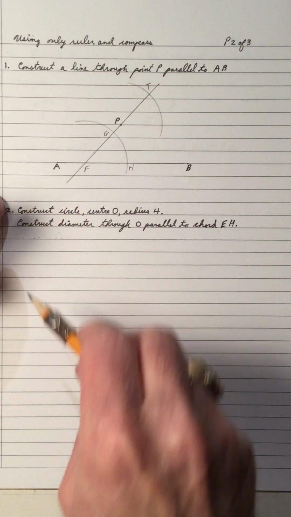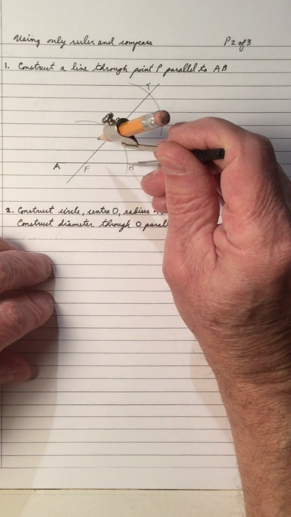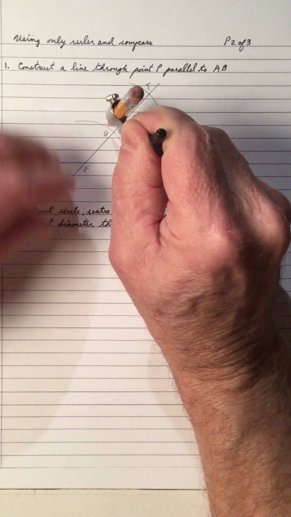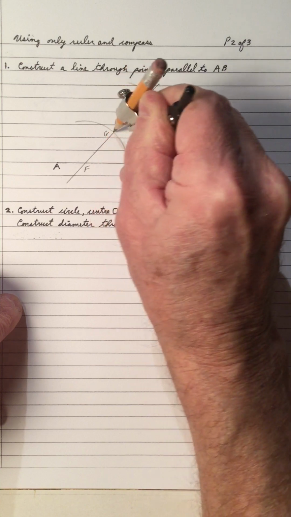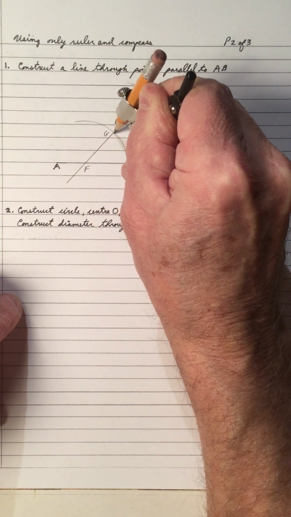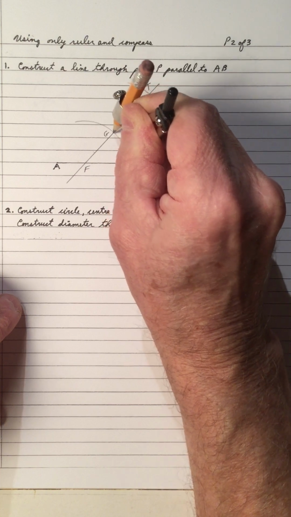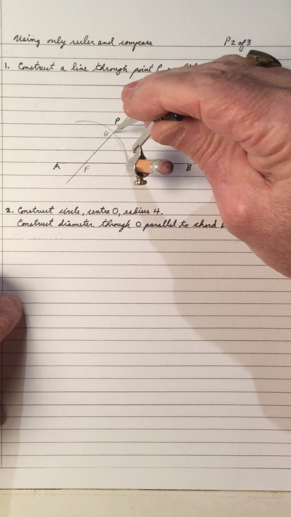So now we'll take our compass and put it at H, and we'll get the distance from H to G. There it is. That's the distance, as an approximation. That's the same as if I put it at G and went to F. Same thing.